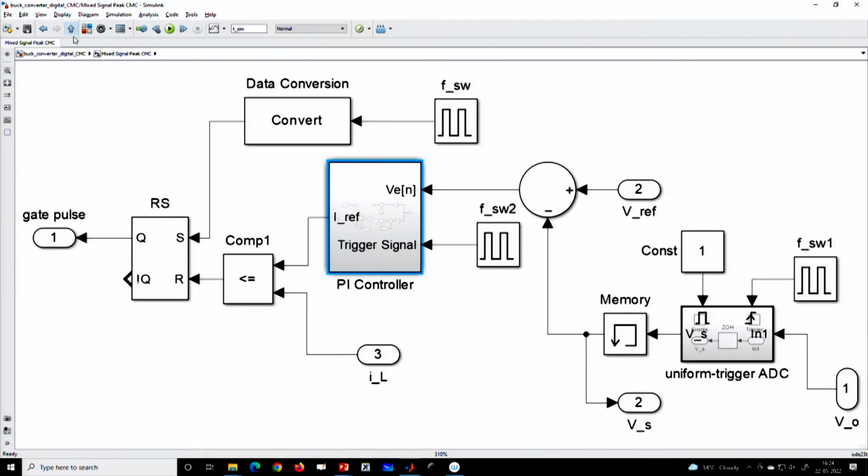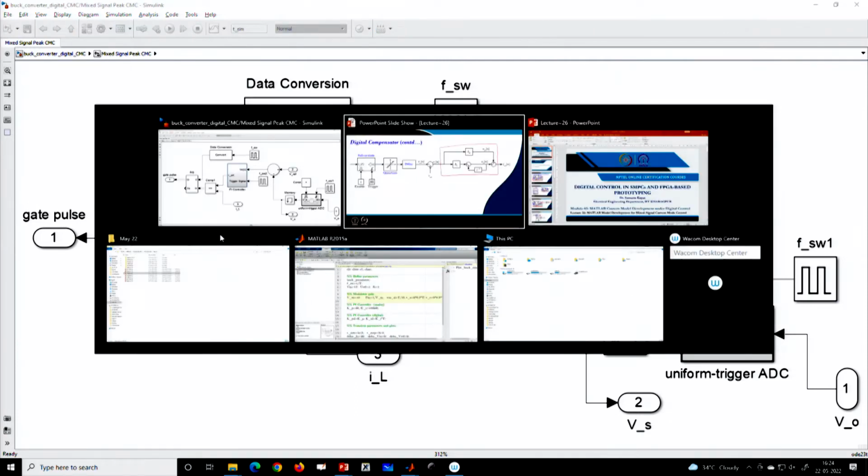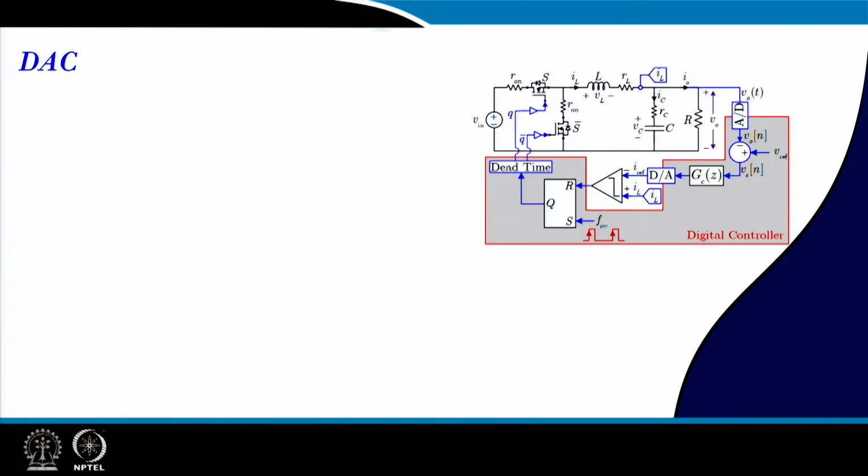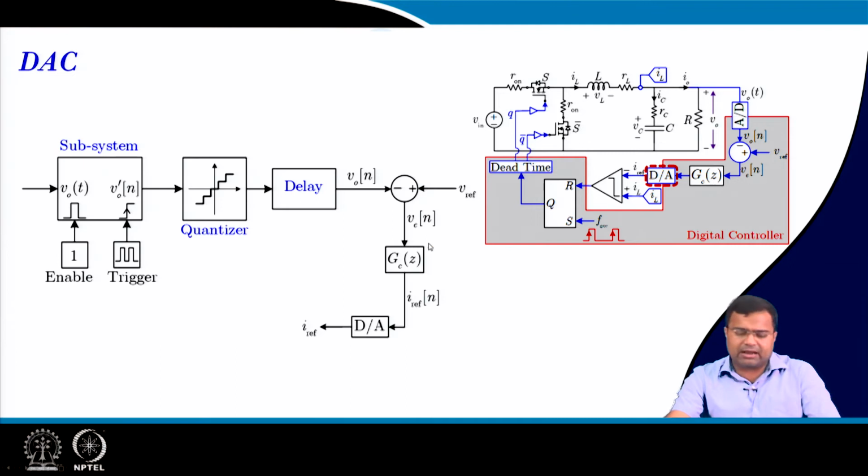And if you go up to the controller, the rest of the blocks are typical, like your current sense, and this is the reference current, the peak current. So, this is the block that we have discussed, G of Z. Then the DAC: you can also put a delay if you want to additionally consider the controller delay.